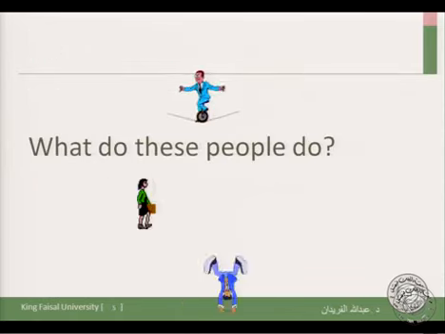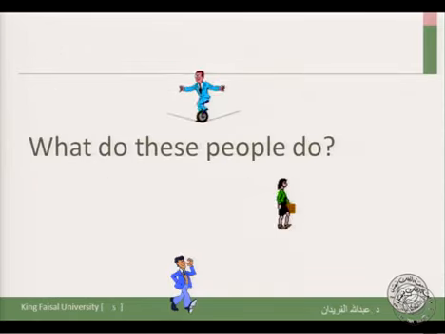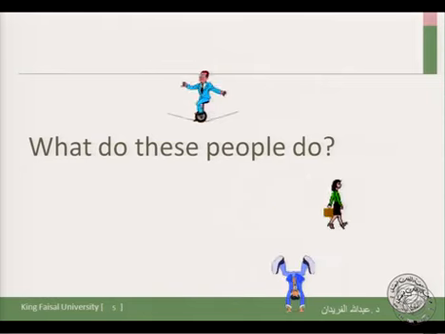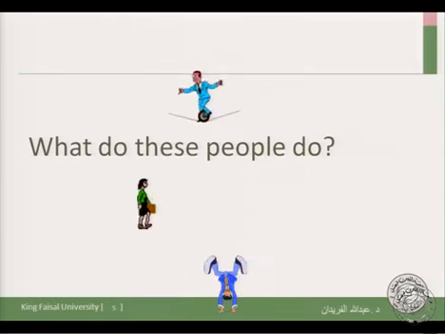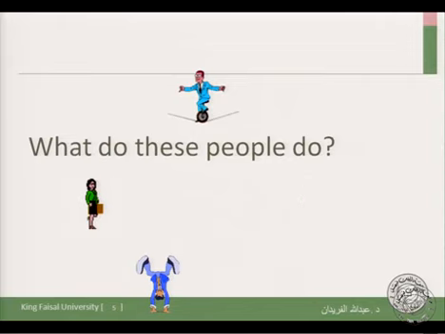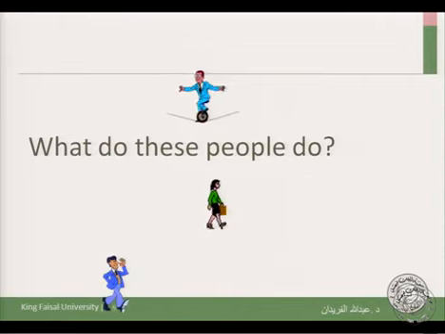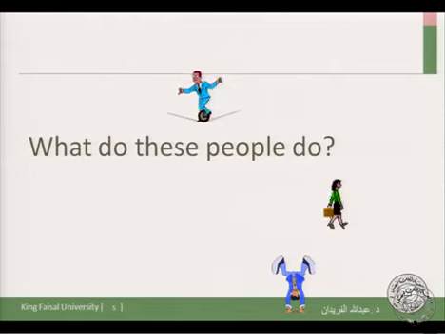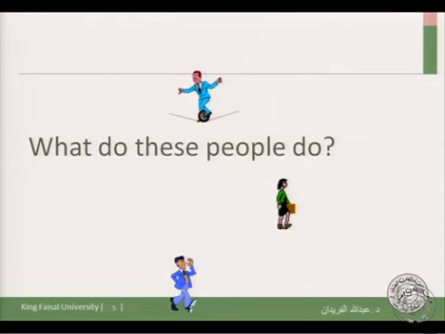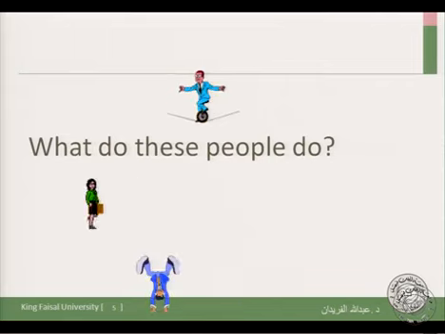Let's see the second slide. What do these people do? This man, this gentleman, is playing. And this woman is walking. And the other gentleman is also playing. But these people do these activities every day.